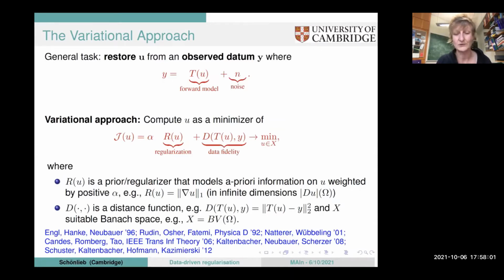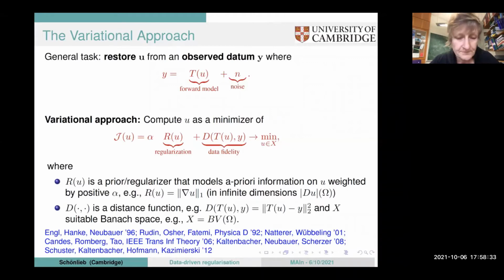Very quick rundown of that. In infinite dimensions, this L1 penalty on the gradient of U is actually better characterized by the total variation of the distributional derivative of U, which then puts this into a minimization problem over the space of bounded variation functions.